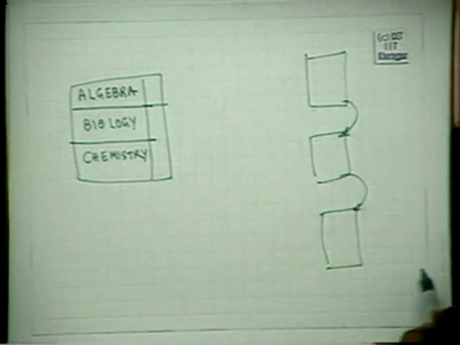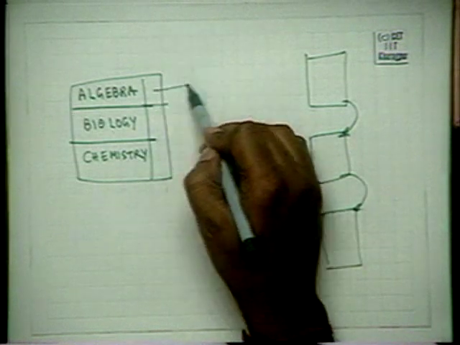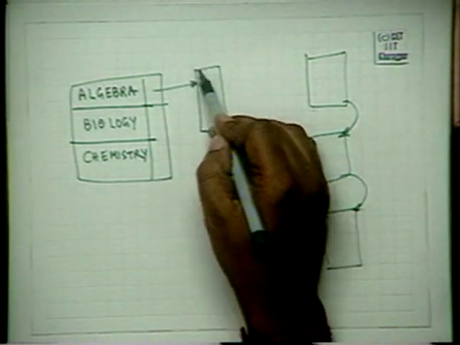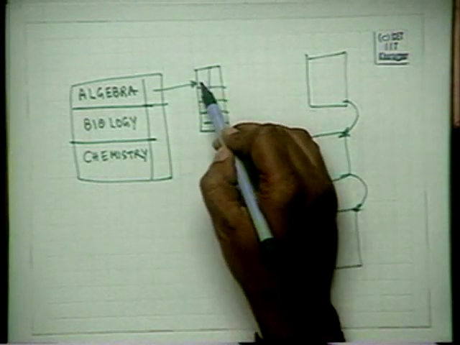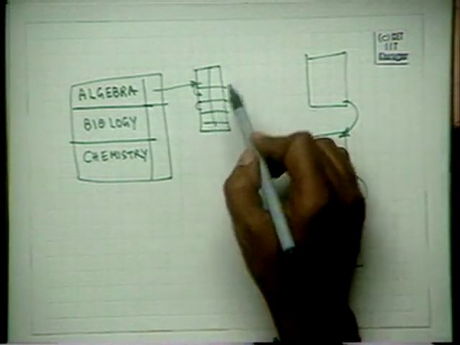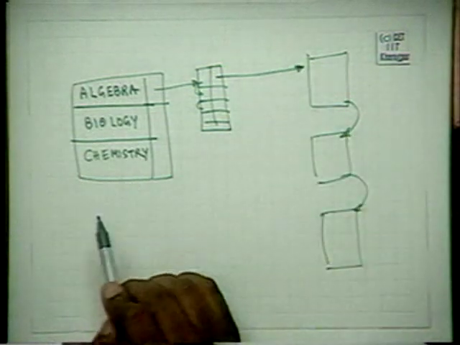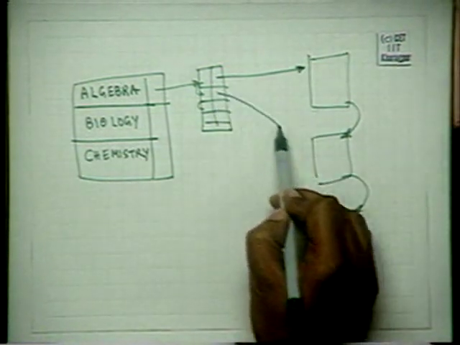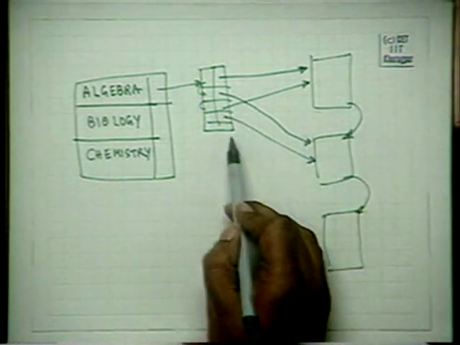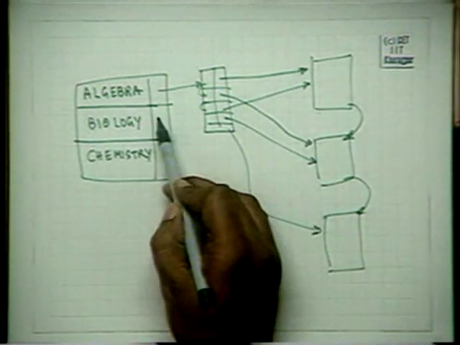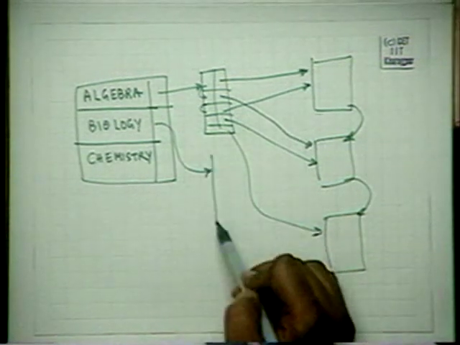I will not have the secondary key next pointers. Instead, this will point to a block which has only pointers. This will point to the corresponding record, this will be the next one, this will be the third one, the fourth one, the fifth one. Biology will similarly point to a bucket.